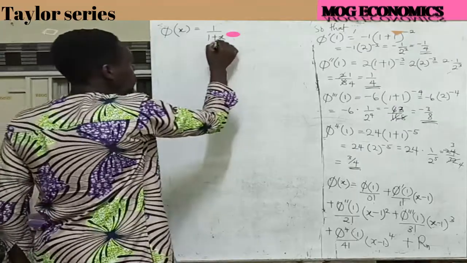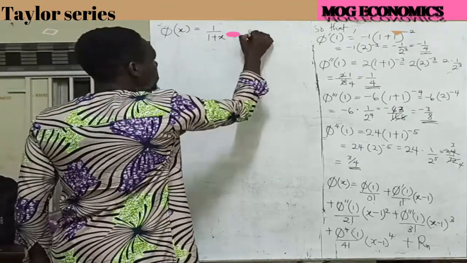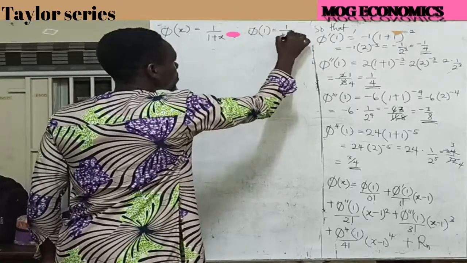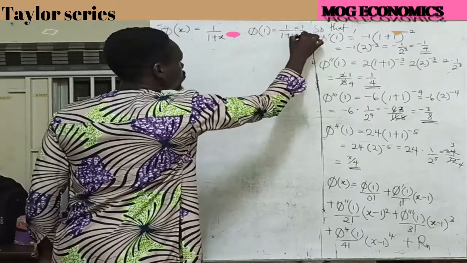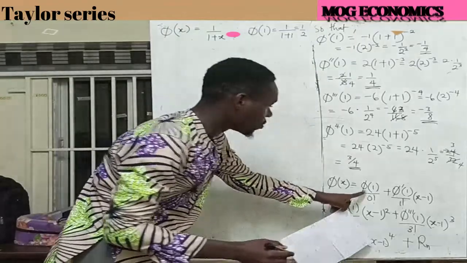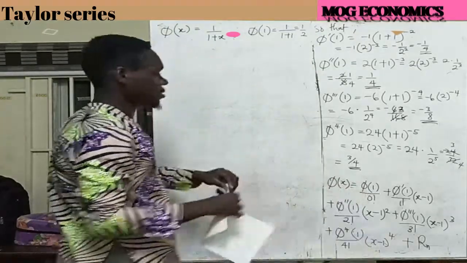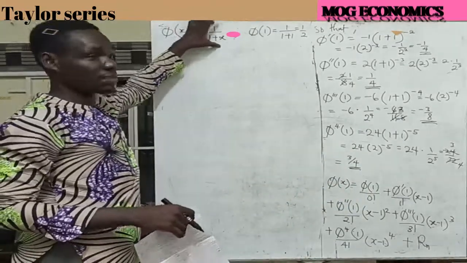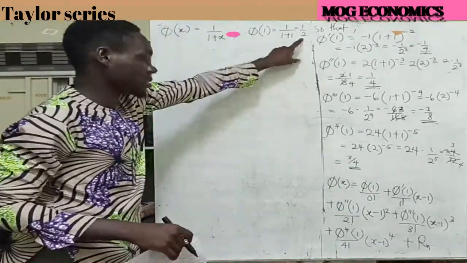Now, if we insert 1 here, we have 1 over 1 plus 1, which is 1 over 2. So this first value will be 1 over 2, which is the original function itself. Inserting 1 in the original question gives 1 over 2 as the answer.